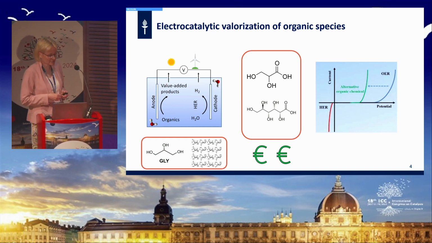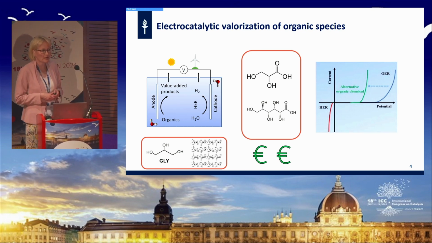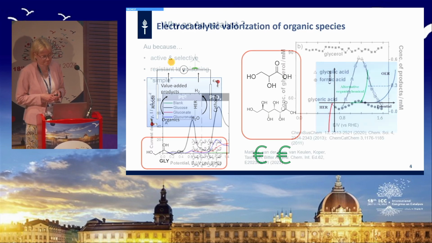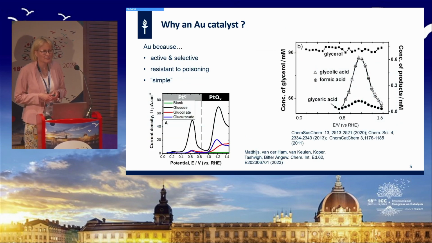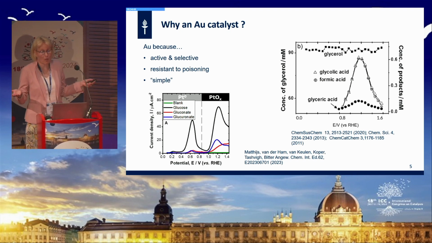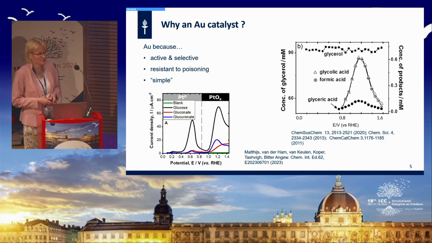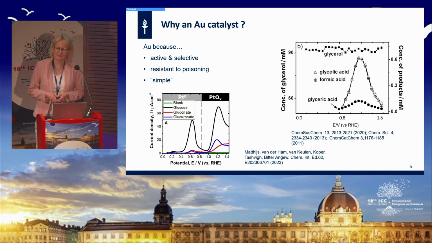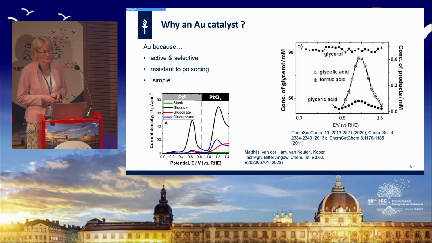So like I said, in this talk, I will focus in particular on glycerol as a small molecule and then sugar molecules, organic sugar molecules. And we are looking at these reactions on a gold catalyst. And you might ask, why? I mean, gold is expensive. Well, it is relatively active and selective for these conversions.